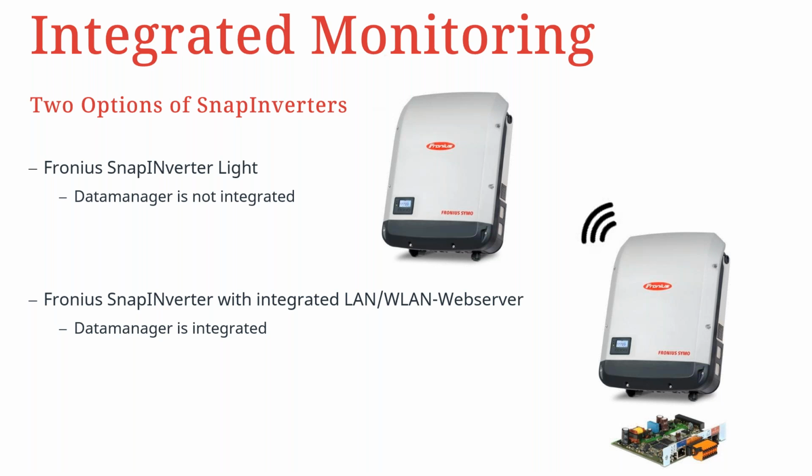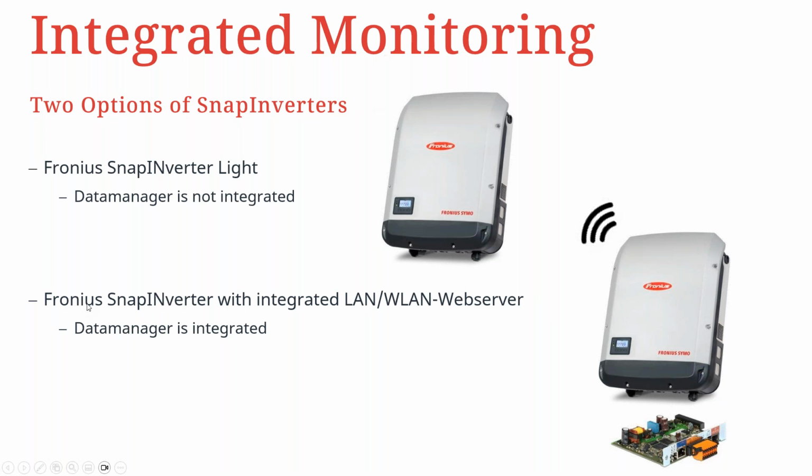Let's of course also note that for data managers, we can actually have two versions. The first version is the light version, this one. The Fronius Snap Inverter Lite means that there is no data manager integrated in it. So all inverters that don't have the data manager integrated into them cannot independently communicate with another device, simply put.